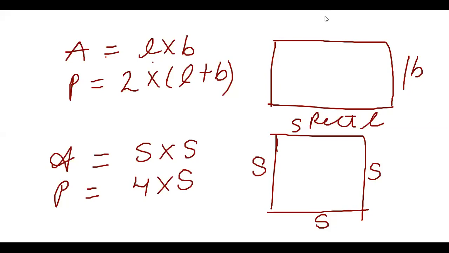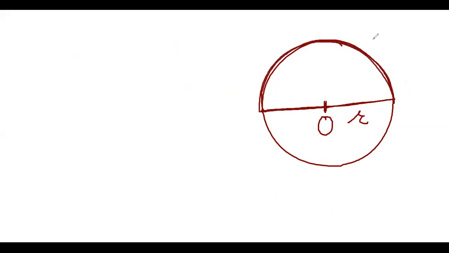Then there is circle, where this is diameter, half of diameter is radius, and this is the center of the circle. If it is half, it's called semicircle. Then area of circle is pi r square.